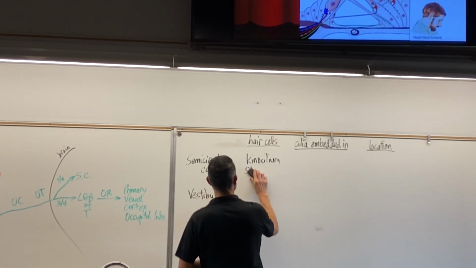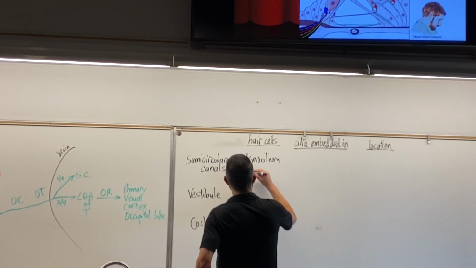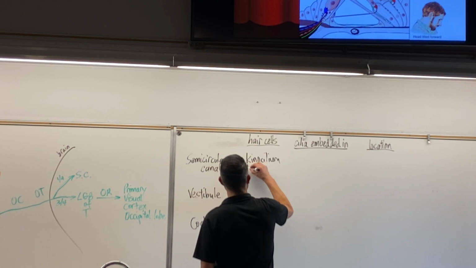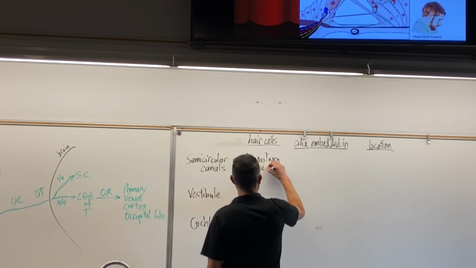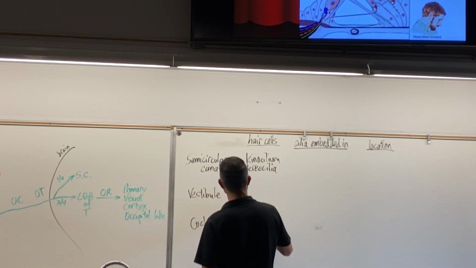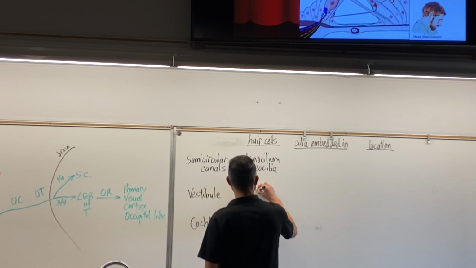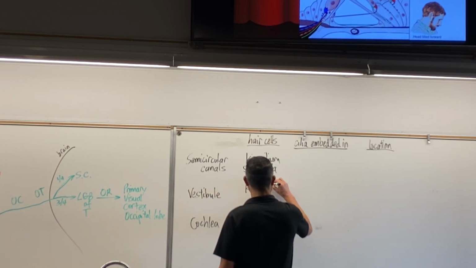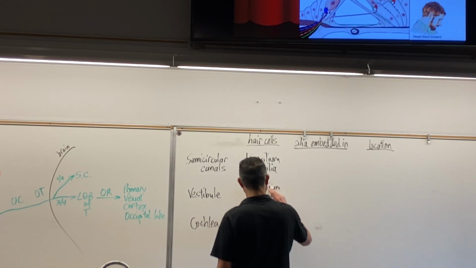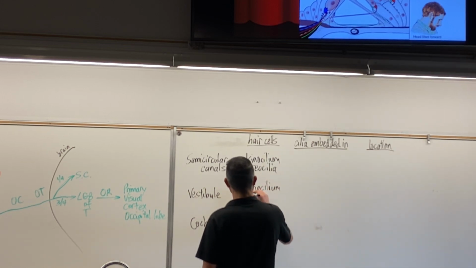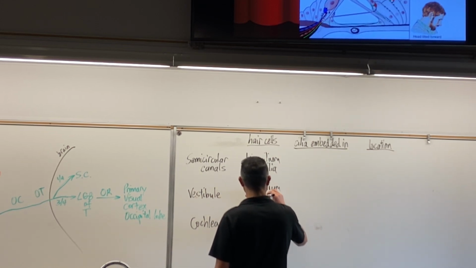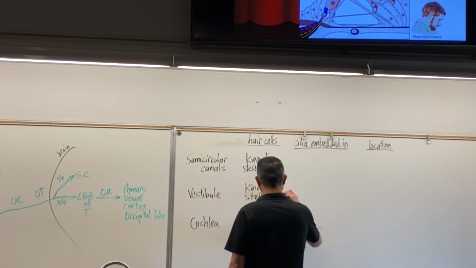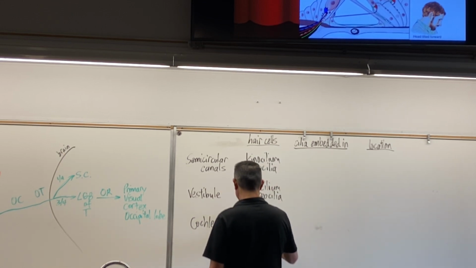We're going to look at that in just a second. The cochlea doesn't have a kinocilium, it has stereocilia only.